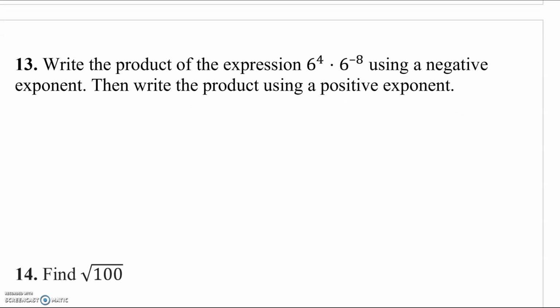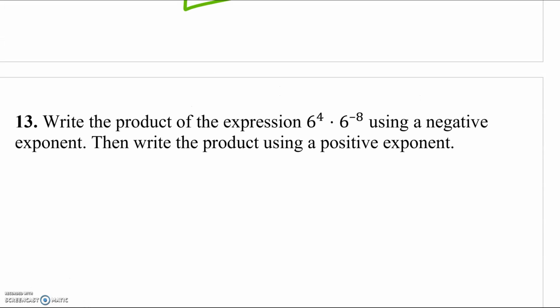All right, 13. Write the product of the expression 6 to the 4th times 6 to the negative 8 using negative exponents. Then write the product using positive exponents. So there's two pieces to this problem. Part 1 is rewrite it with negative exponents.